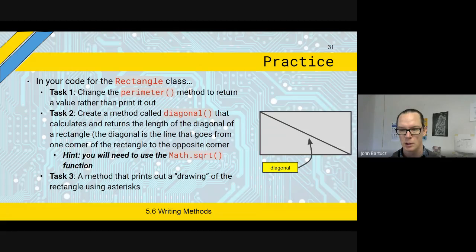So it would look something like public double diagonal, return, would look something like that.